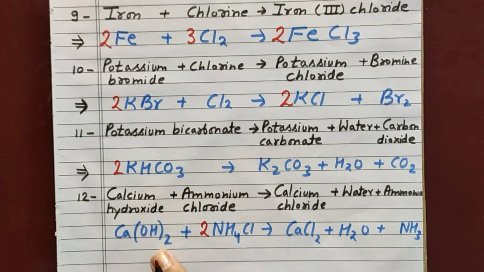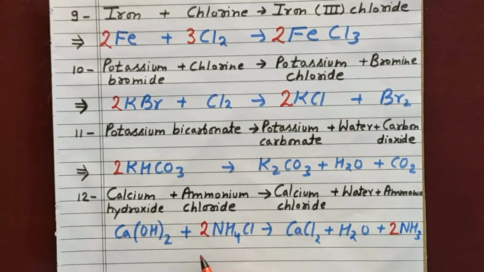Now counting hydrogen, 2 hydrogen here, 8 plus 2, 10 overall hydrogen are there on the reactant side, and for balancing hydrogen and 2 nitrogen atoms, here we are going to write down 2. So nitrogen atoms are balanced, and hydrogen 3 multiplied with 2, 6 plus 2, these are 8 hydrogen atoms.